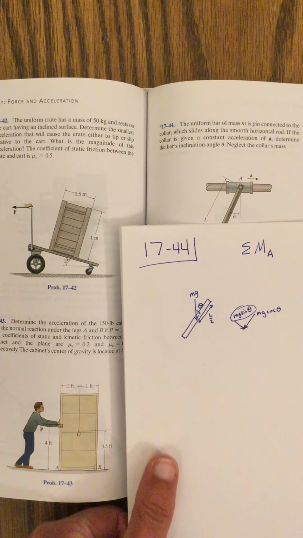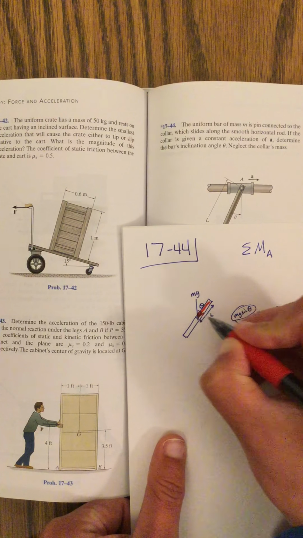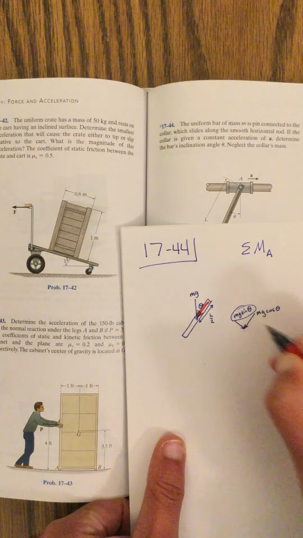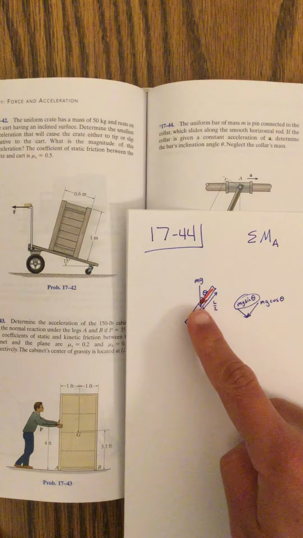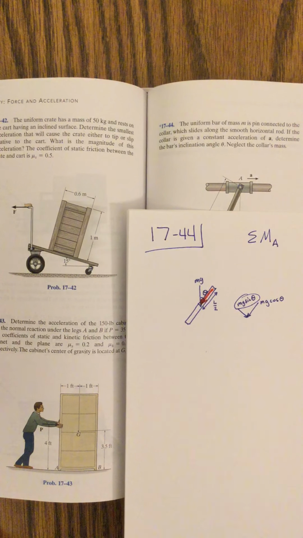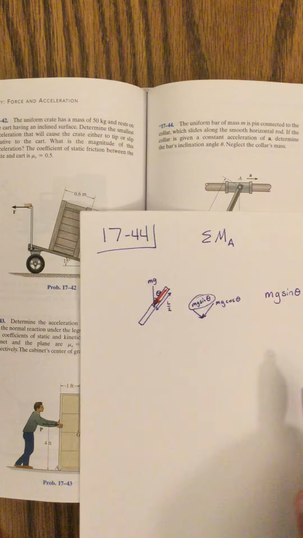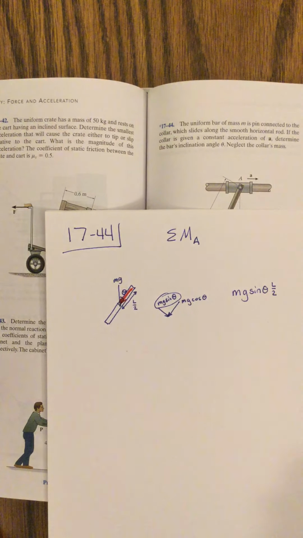So if you have your vector R pointing like this, when you do the cross product, this crossed with this component gives you 0. Or you could say the magnitude of the cross product is the magnitude of your two vectors, which is mg and L over 2 times the sine of the angle between the two.